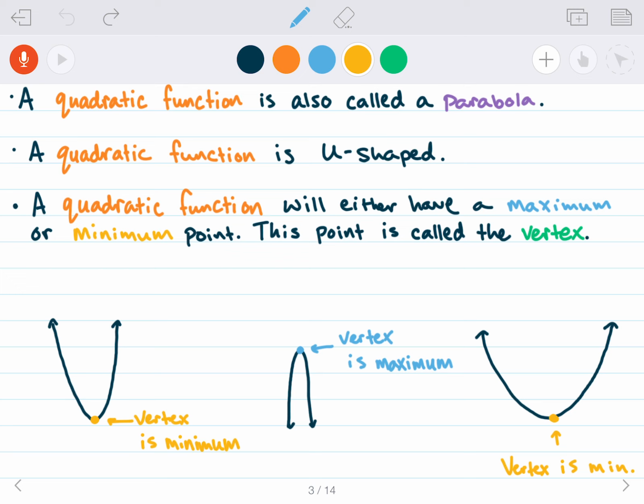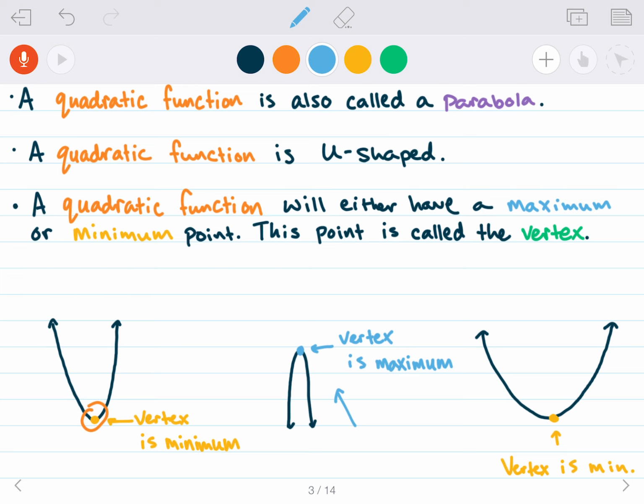So down here I have 3 examples of quadratic functions. This first one right here, we can see that it's U-shaped. It looks like a U, and its vertex right here is the lowest point on the graph, right? Every other point above it is going to be higher than it. On the other hand, we have an example right here where the vertex is the maximum point.